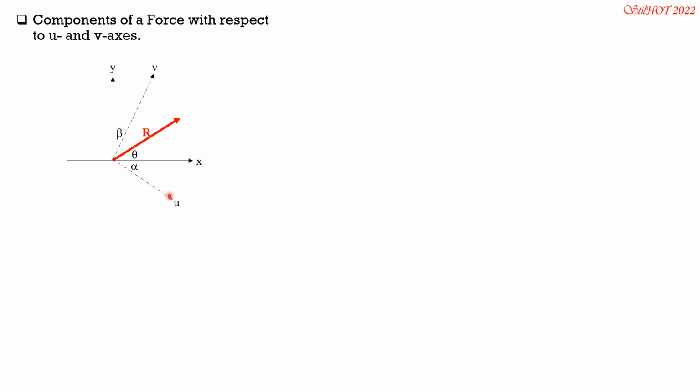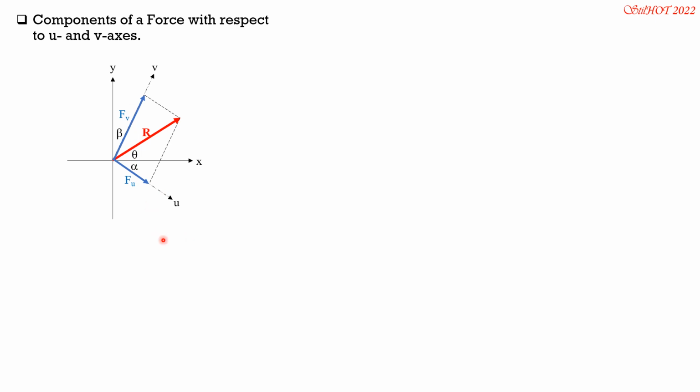In general, if the u and v axes are not perpendicular to each other, then the technique is, from the tip of the force or resultant force, you draw lines parallel to this set of axes so that you can form a parallelogram like that. So this is Fu and that is Fv. Because Fu and Fv are in the positive directions of the u and v axes respectively, these components will be positive.